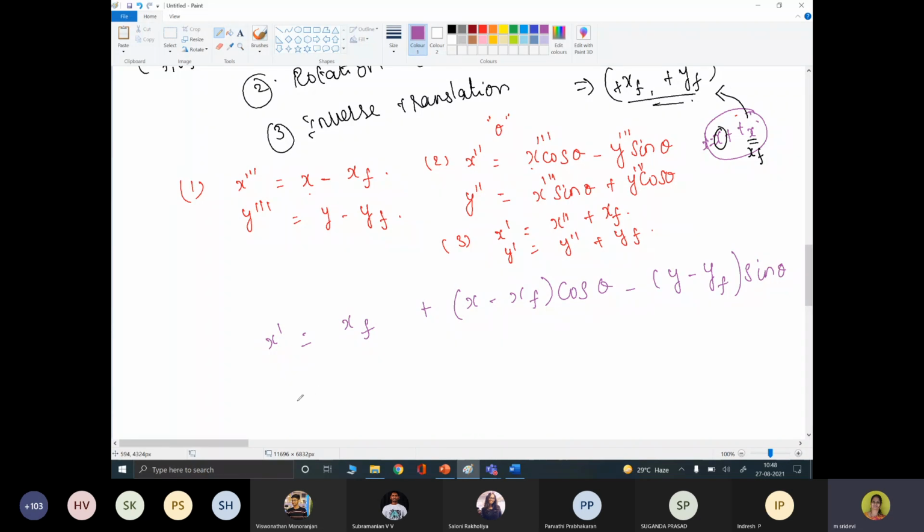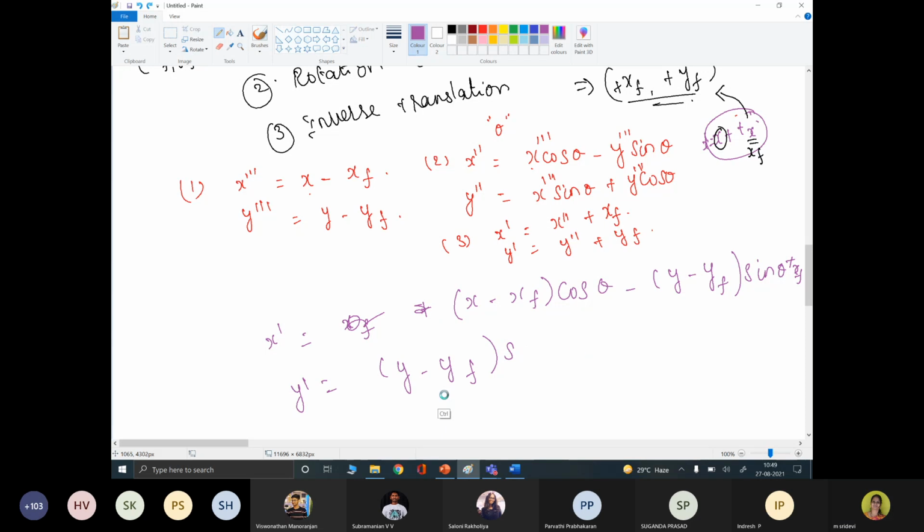Just substitutions I am using here everywhere. So to make it more clear, let it be plus xf. So y minus yf sin theta plus y minus, one minute, sorry, this is x.